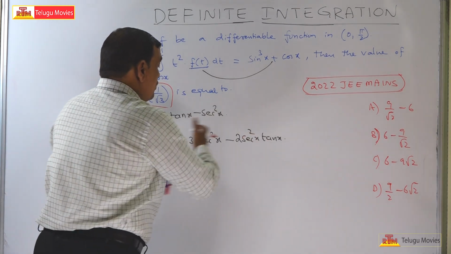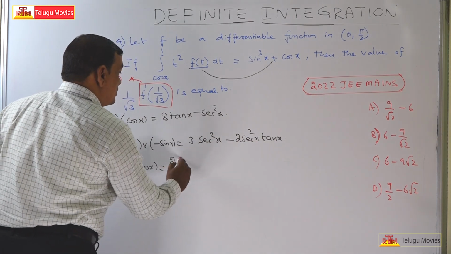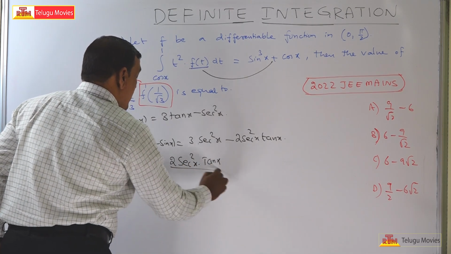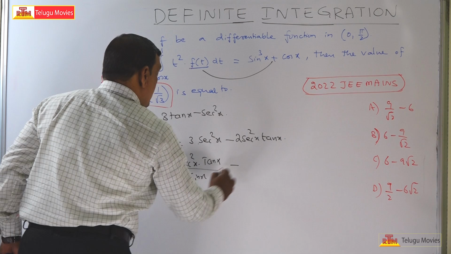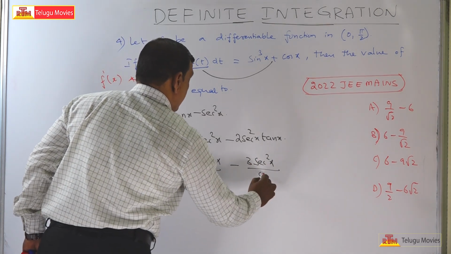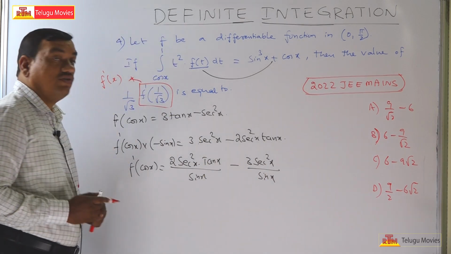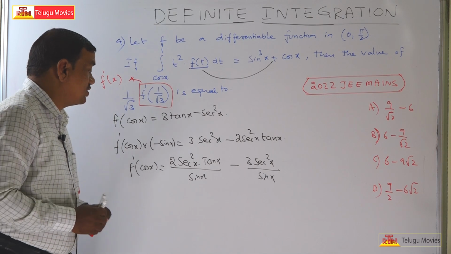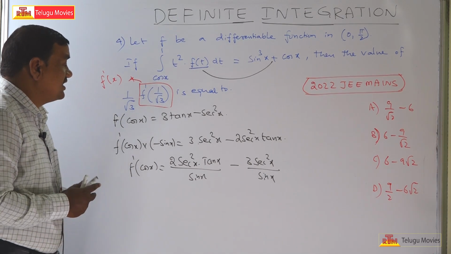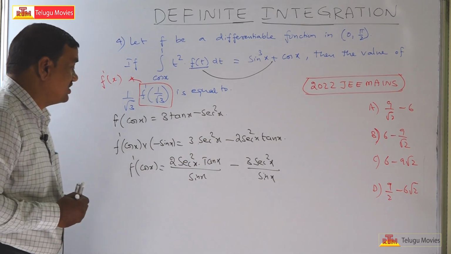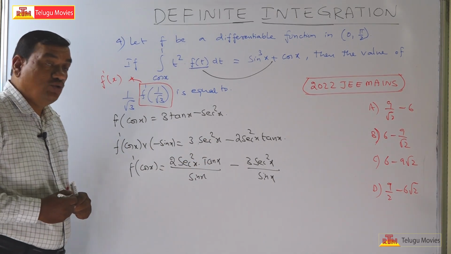The terms will be like this: f dash of cos x is equal to 2 secant square x tan x by sin x minus 3 secant square x by sin x. Here we can do some cancellations.